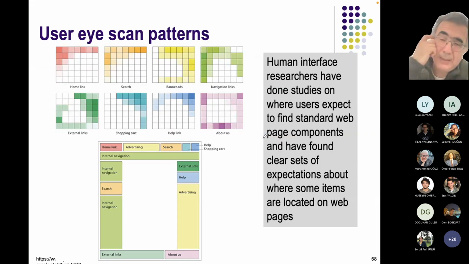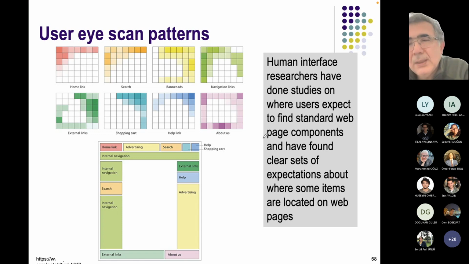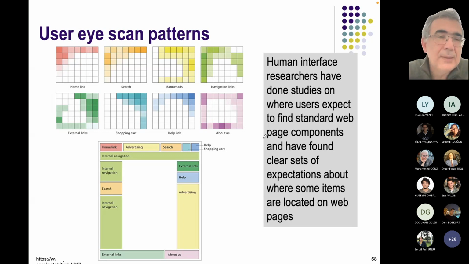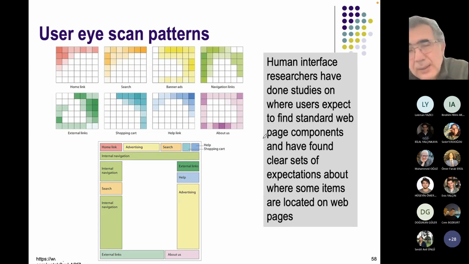And they did this study with users, human interface study in laboratory experiments. And usually, certain locations are more preferred by users when they are asked to find a content, such as the home link is usually set to the left top. Search is usually either on the left or the top right. Banner ads are on the right.